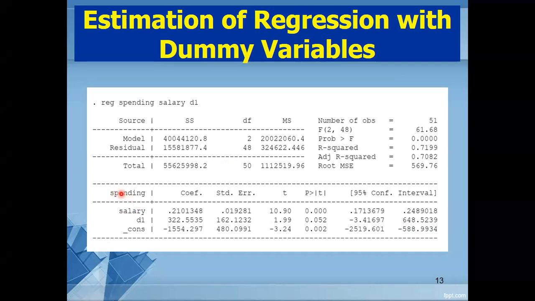This is the spending, the dependent variable, this is the salary, the independent variable, this is the dummy variable D1, and this is the intercept. These are the estimated coefficients, standard errors, t ratios, and the probability values on t. We have the R squared as well, because you are now familiar with this kind of regression output as we have completed these things in the previous session.